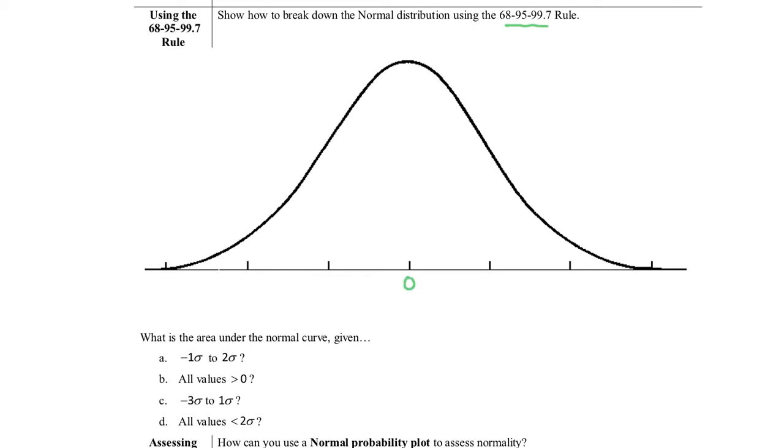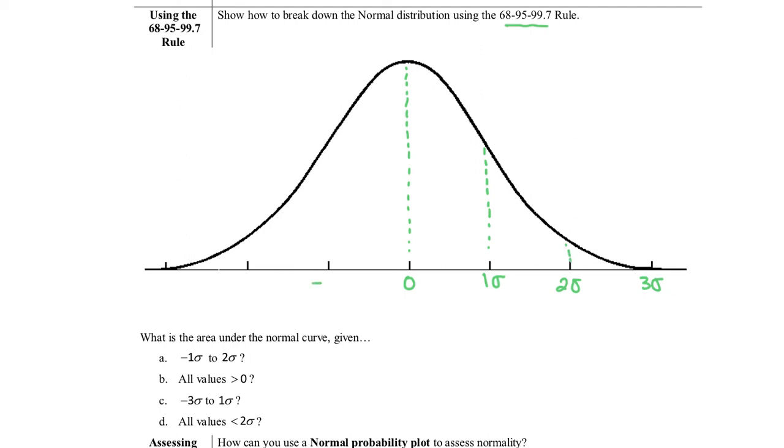We're going to start in the middle at our mean, and we're just going to start there at 0. Then over here, this would be 1 standard deviation above our mean, and then we've got 2 standard deviations and 3 standard deviations over here.